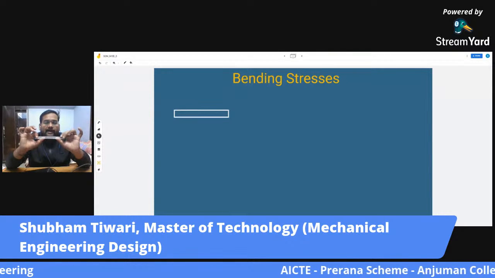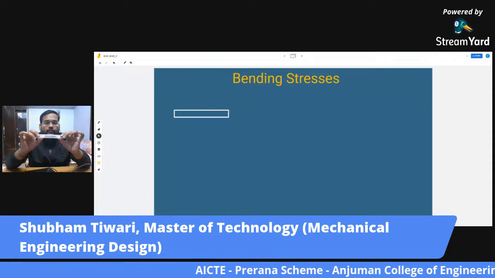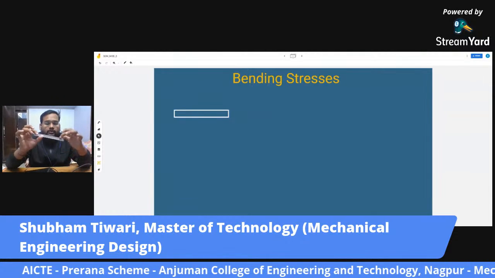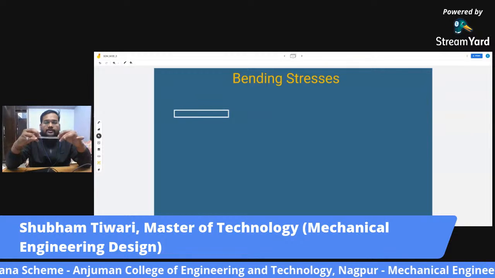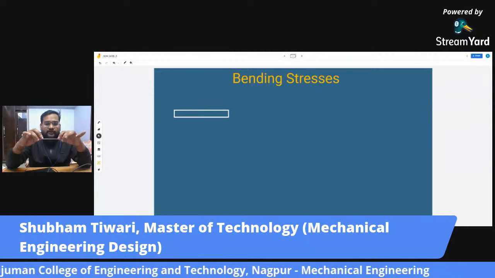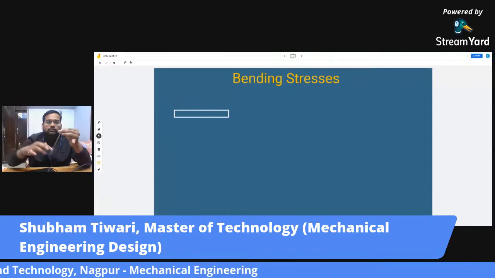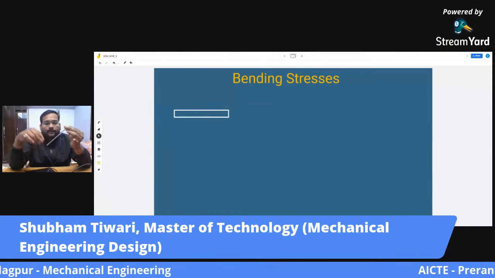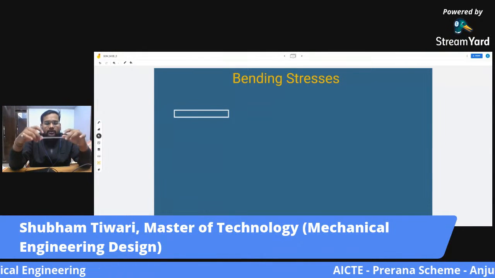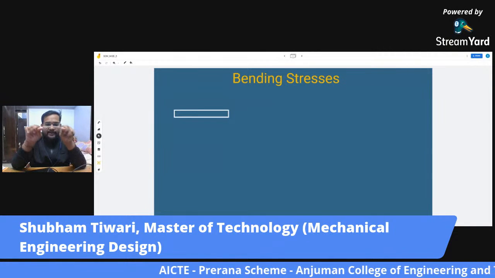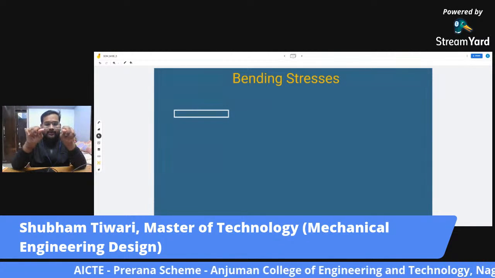Now, if I have to bend it, is applying only this force sufficient? No, it is not bending, but it is displacing. But in order to bend it, I do it just like this, and then it bends.